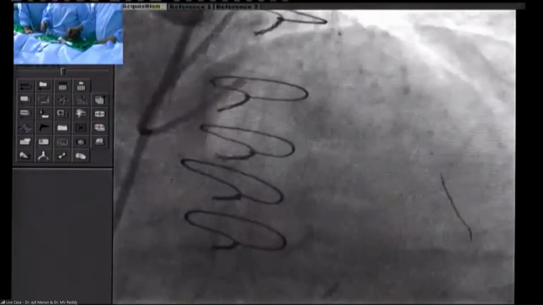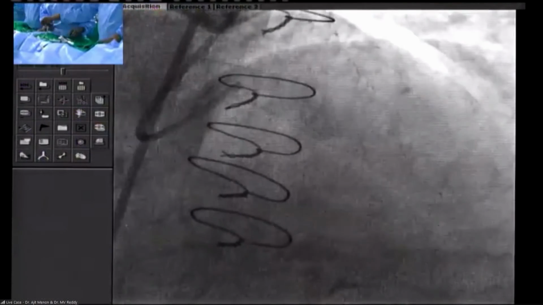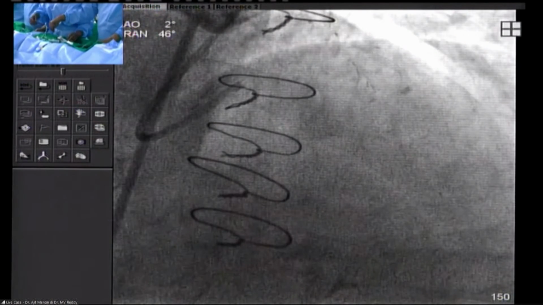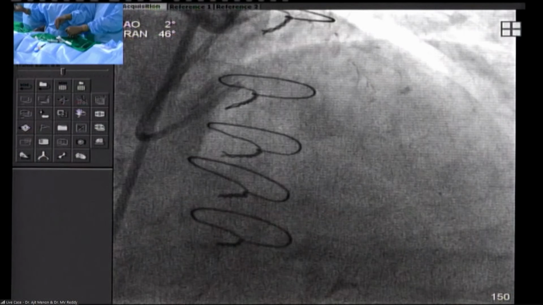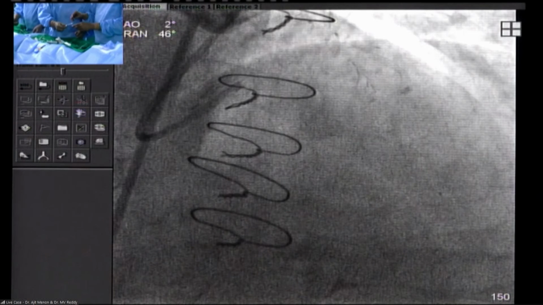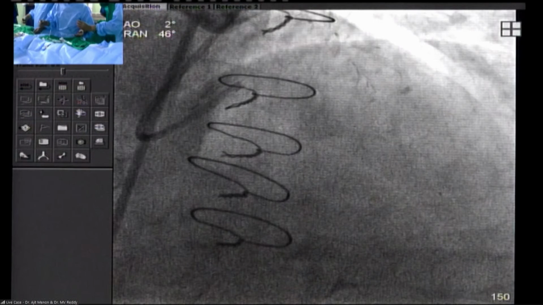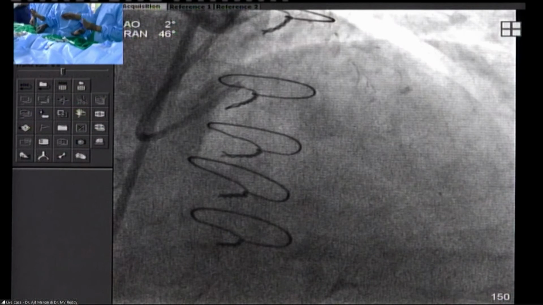Give the regular wire. 2 mm syringe, please, with saline. Give me the regular BMW wire, please. All right. Give me the 2.5 millimeter balloon. For a trapper, give me the balloon.